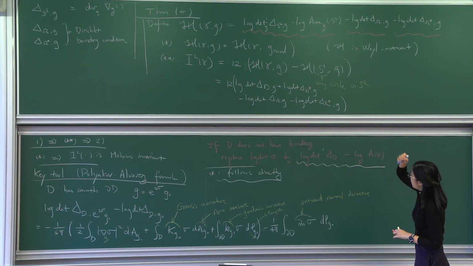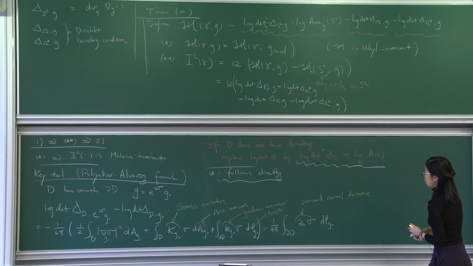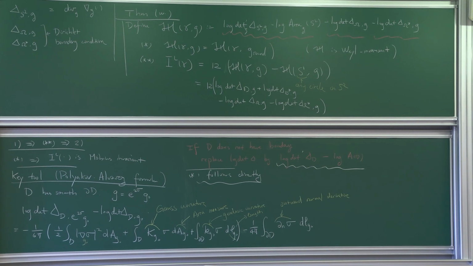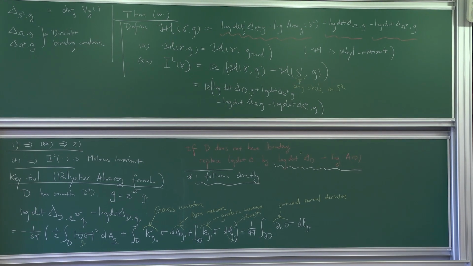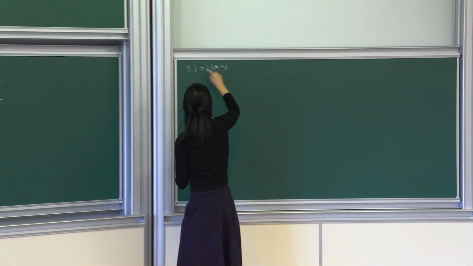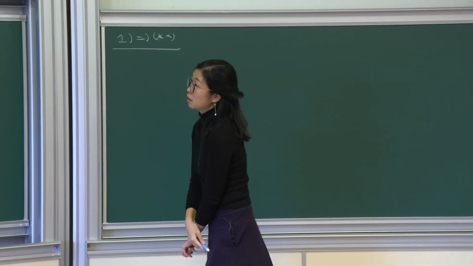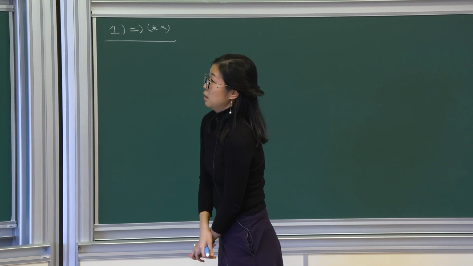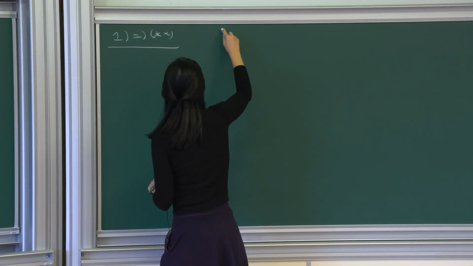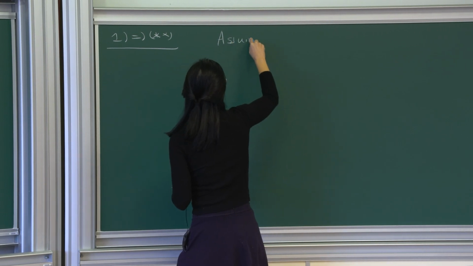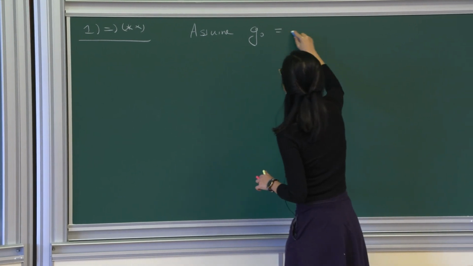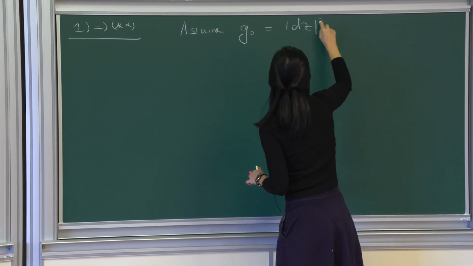But for the second one, let me just do it here. Let me show you how I can get from the first star to the second star. Let me assume the metric g0 is the Euclidean metric.